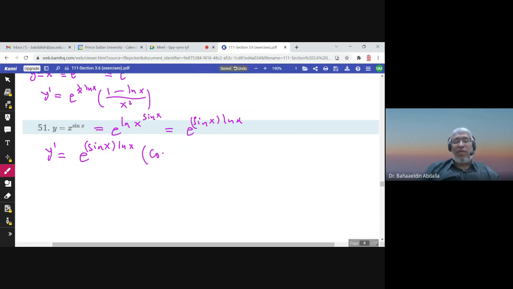Derivative of sine x is cosine x ln x plus sine x times the derivative of ln x, which is 1 over x. So I just write it sine x over x, and that's the answer.